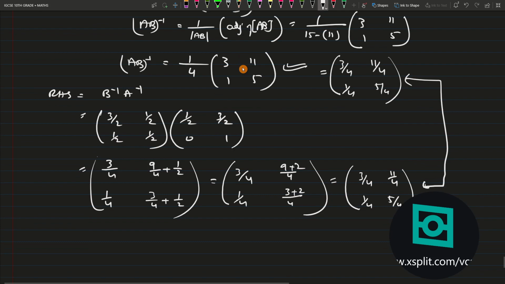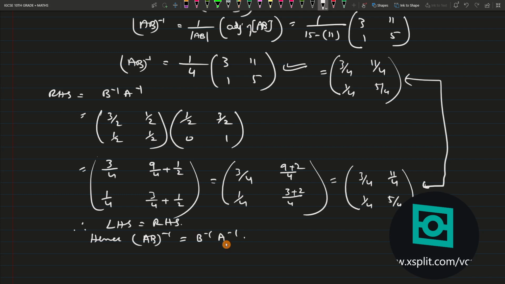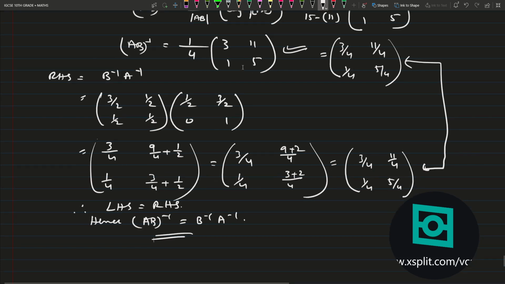So you can say that therefore LHS equal to RHS, hence (AB) inverse is equal to B inverse times A inverse. Okay, so that was question number 22.